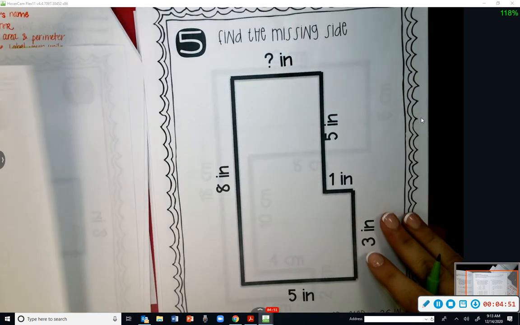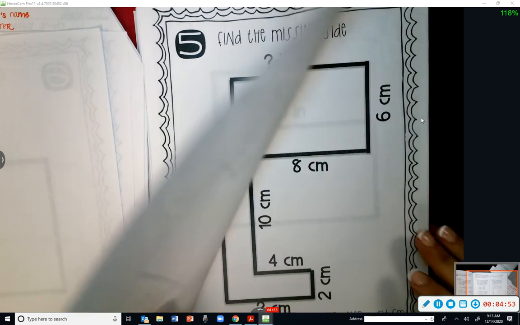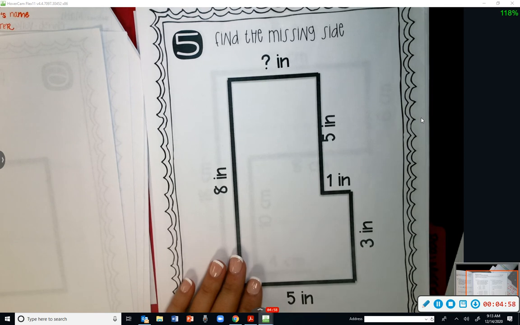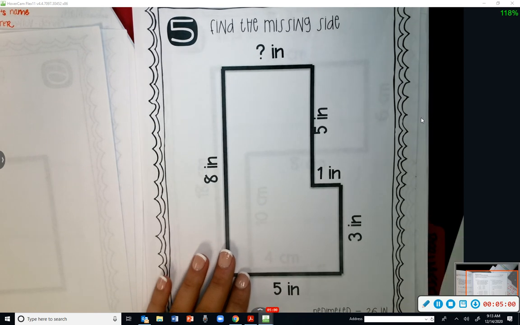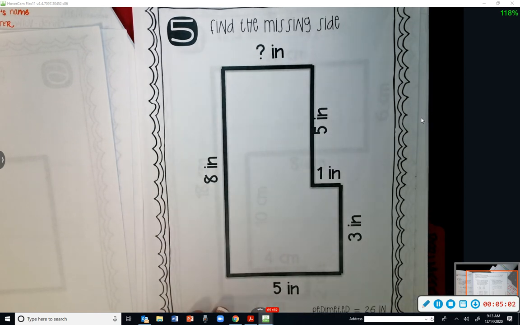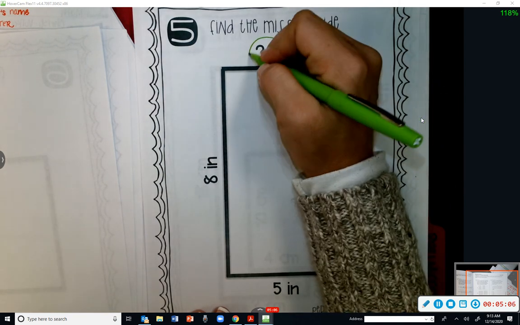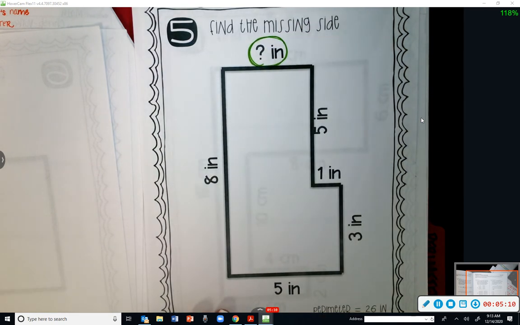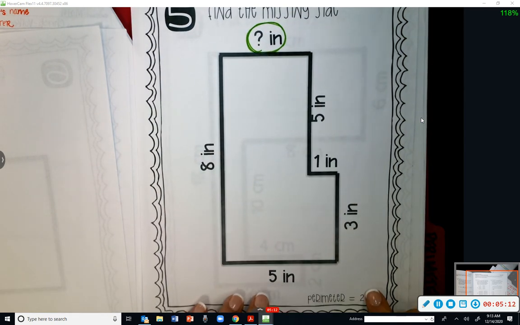Let's not do that one. Okay, now let's do this one, no area, just find the missing side. So right here, see if we can remember those steps. The perimeter is down here, it equals 26.